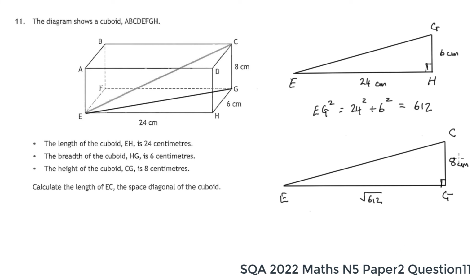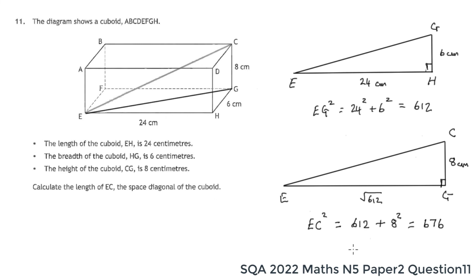So this is the dimension we haven't used yet, 8. So again, Pythagoras' theorem in this triangle in particular, EC squared would be EG squared, and that's 612. That's EG squared, plus, and that's why we didn't need to work out the square root of 612, because we're just going to square it again. Plus 8 squared. And 8 squared is 64, so this is 676.